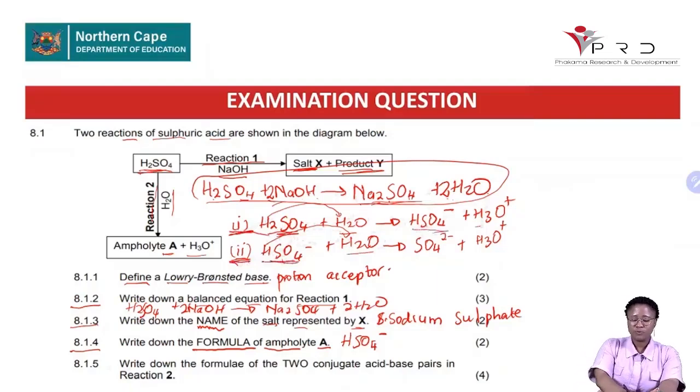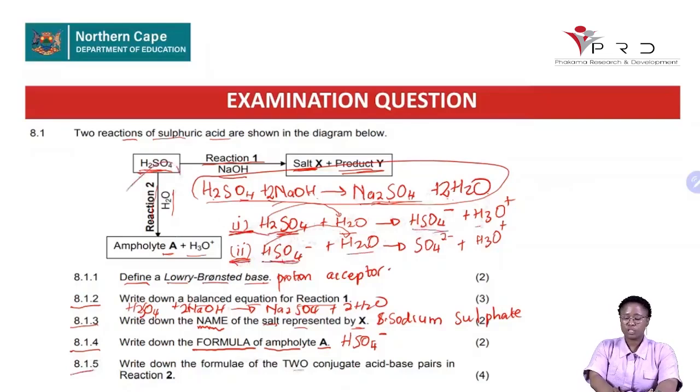Now, let's quickly move on to 1.5. It says write down the formulae of the 2 conjugate acid-base pairs in reaction 2. So now our focus is reaction 2.